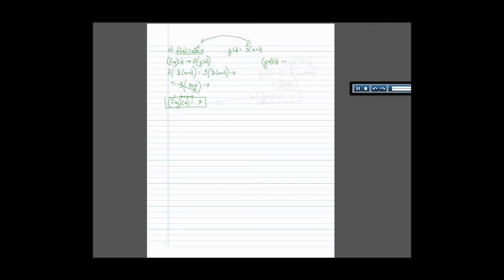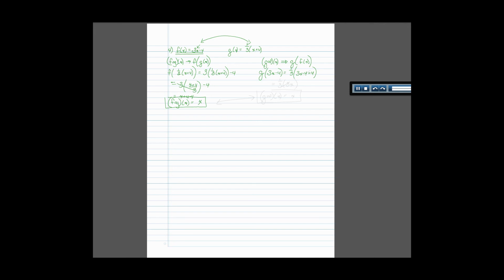So g of f of x means g of f of x, like that. So g of, now write your f of x, 3x minus 4. Okay? Now go to the g function, that's the outside function, and everywhere there's an x, put in 3x minus 4. So that would be equal to 1/3, parentheses, take out the x, write 3x minus 4, now write plus 4.